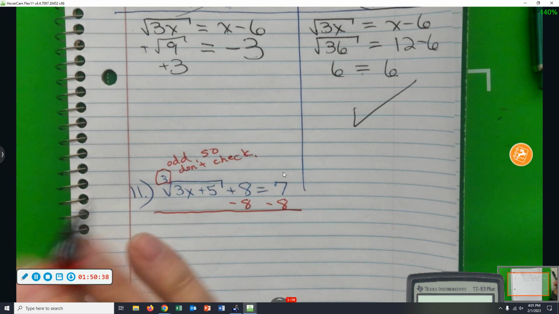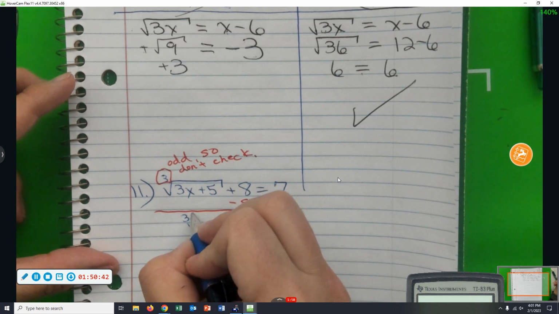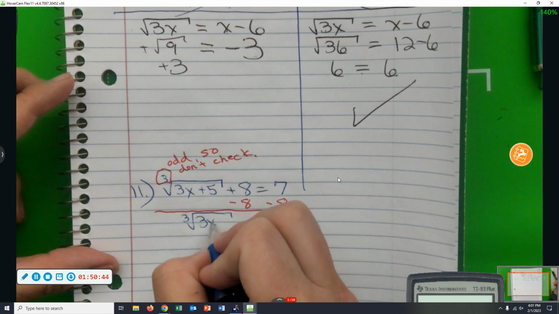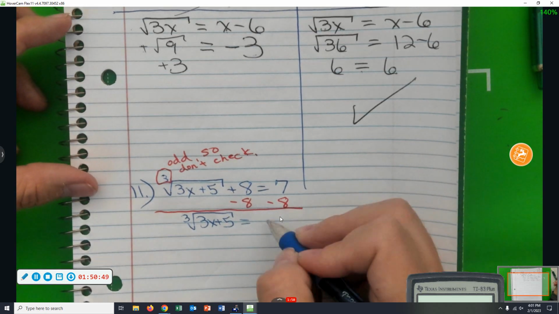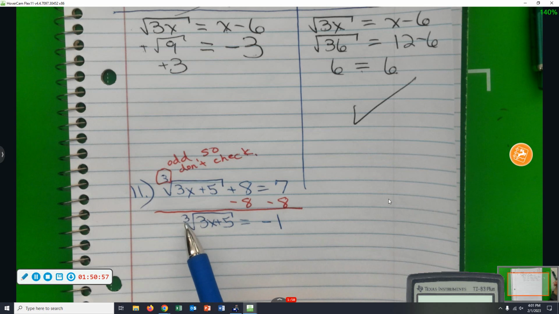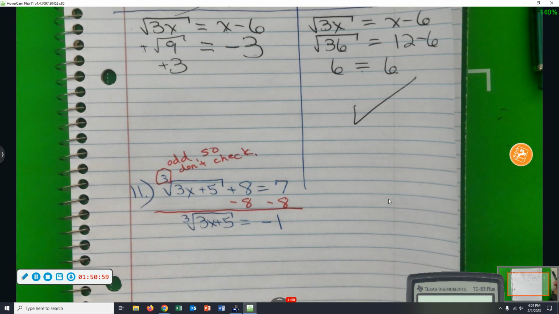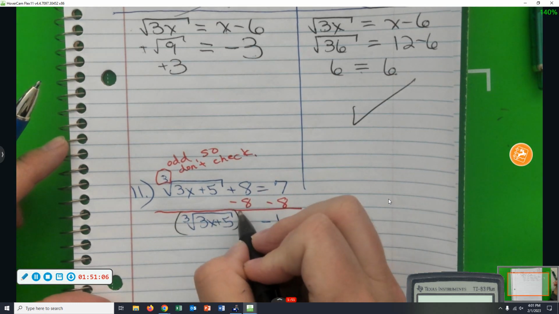So we have the cube root of 3x plus 5 is equal to -1. And once you get the radical by itself, you're not going to square both sides, you'll cube both sides. So, right here, cube.